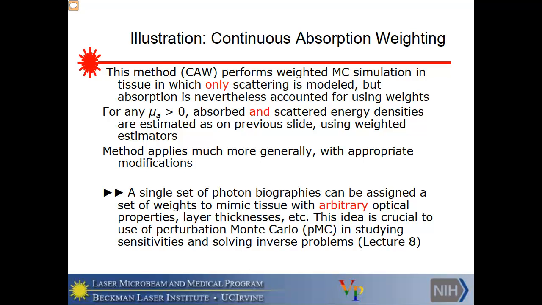You're performing what-if experiments, saying, if the optical properties were not what I said they were, if they're something else, then the weights would have to compensate for them, and I get a different weighted estimator. And you get a whole post-computational quick survey of the nearby perturbed optical property output.